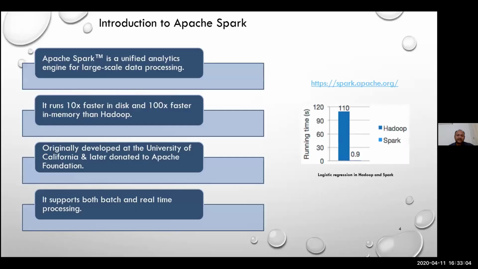So now, what is Apache Spark? As we already know, Apache Spark is a distributed computing framework, but the standard definition from spark.apache.org says Apache Spark is a unified analytics engine for large-scale data processing.